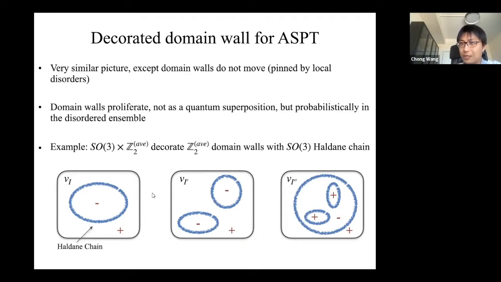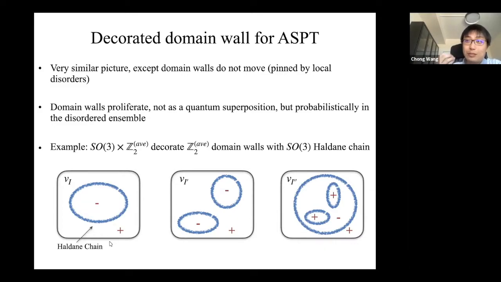Domain walls look classical now because where the domain walls appear is essentially decided by the realization of my random field, my quench disorder. Right? If I have my random field pointing up in this outer region and pointing down in the lower region, then my domain wall is basically in between, okay? And it doesn't really fluctuate.